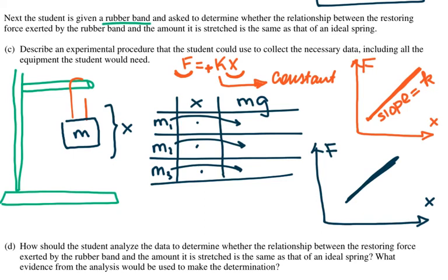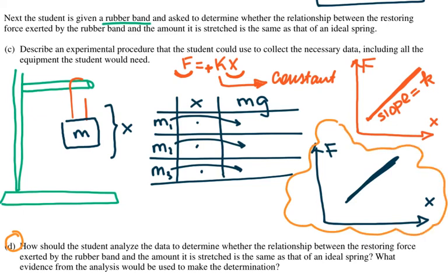And your D answer would be this answer. So that's what you're looking for. If your data collected gives you this result, then you can say that the relationship between the rubber band and the spring is the same and follows the same formula.